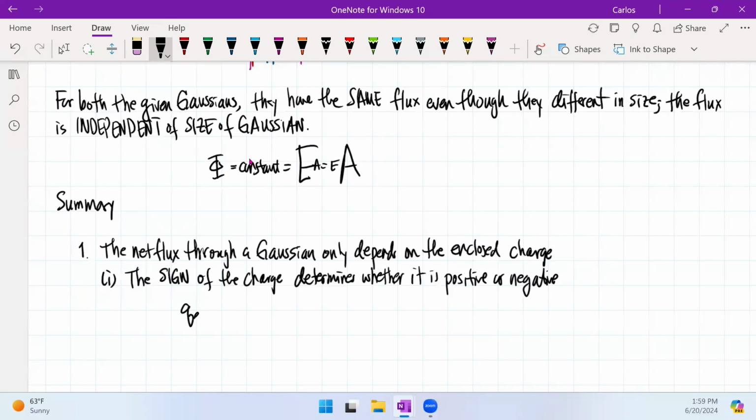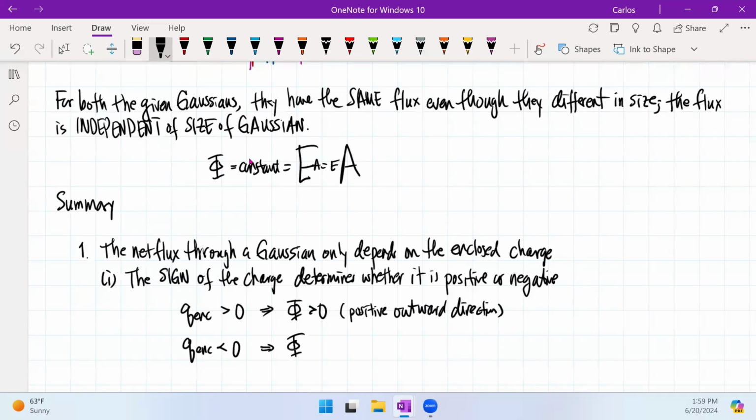So if I have Q enclosed, and this is a positive quantity, then that tells me that the flux will also be positive. So this is what we call a positive outward direction. If I have Q enclosed, which is negative, then that tells me that the flux is negative. So I have a negative inward direction.